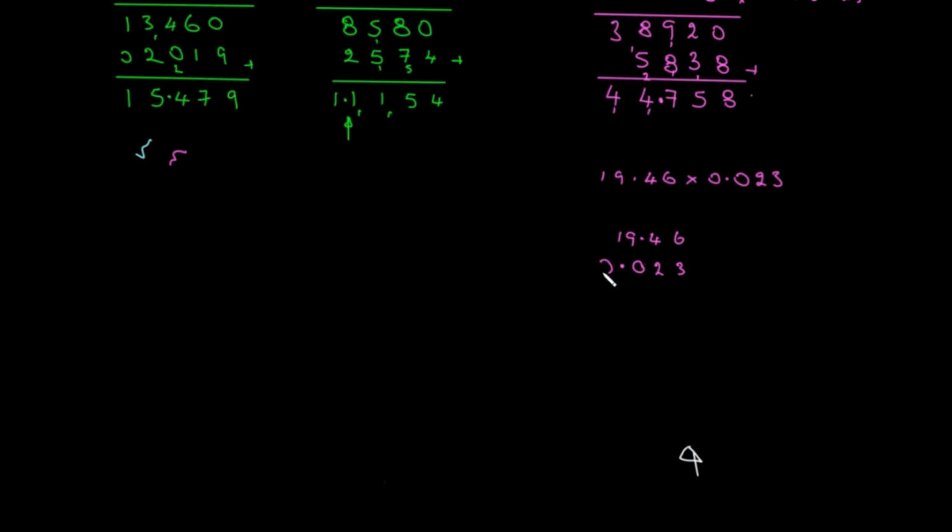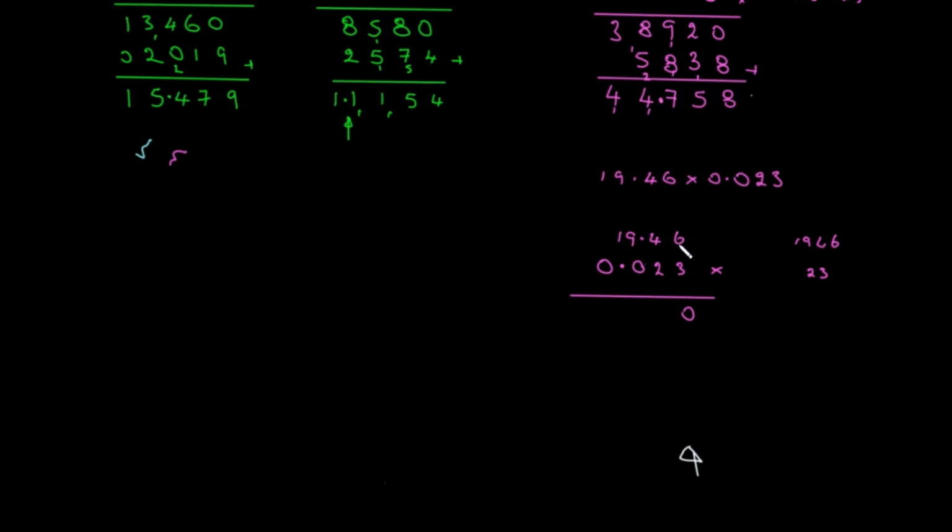Right, so that number is that number, multiply by. I've lined the digits up. Now we consider that as 23 and we consider that as 1946. So we are ignoring the decimal points. That one there, second place, so we put a 0. Second place, put a 0.